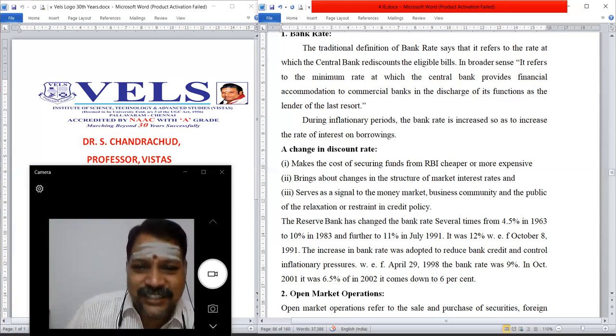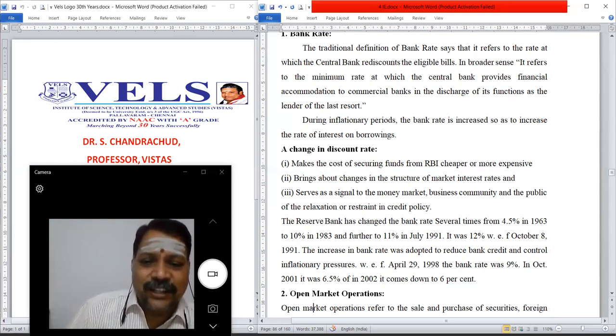Because of these changes in the discount rate, the Reserve Bank has changed the bank rate several times, from 4.5% in 1963 to 10% in 1983 and further 11% in July 1991. It was 12% with effect from October 8, 1991. The increase in the bank rate was adopted to reduce bank credit and control inflation.